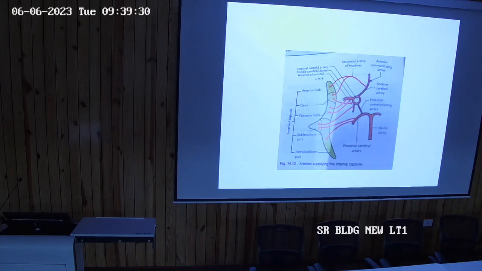So these are the two important points: it is larger and longer, and it supplies the posterior limb of the internal capsule. And we know that most of the pyramidal fibers are present in the posterior limb.